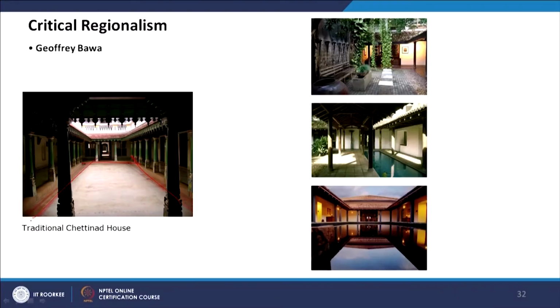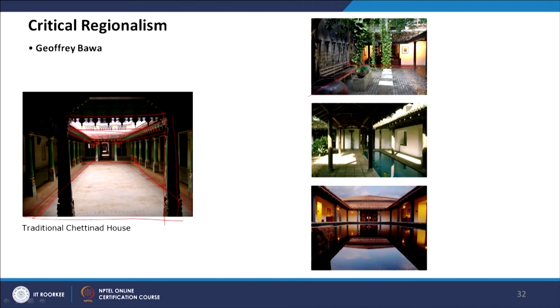This Chettinad style of building will have a courtyard, and these are the Chettinad columns, a particular style of southern Indian columns, and these are the design elements which will be added on every eave of each and every slope, and a particular color tone is used in the earthen roof tiles, and the main design feature is the courtyard.